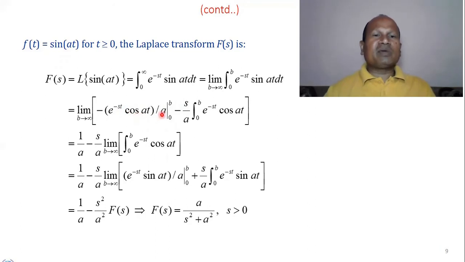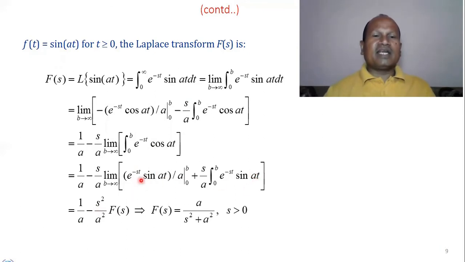So in that case, it becomes 1 by a minus 1 by a. And the second one can be written as minus s by a, integral from 0 to infinity of e to the power minus st cosine of at dt. Again we can apply this and solve it, and we'll get minus s square by a square times this one.